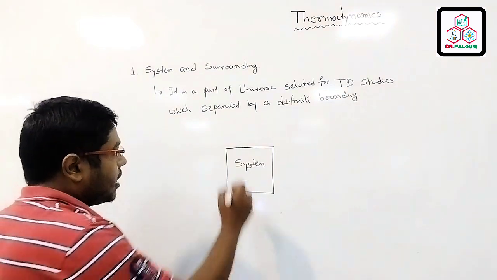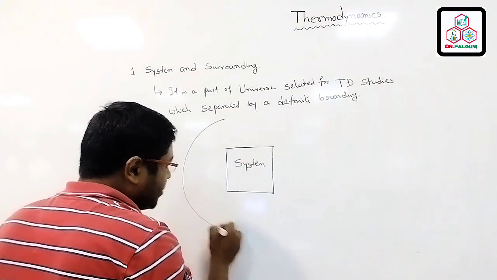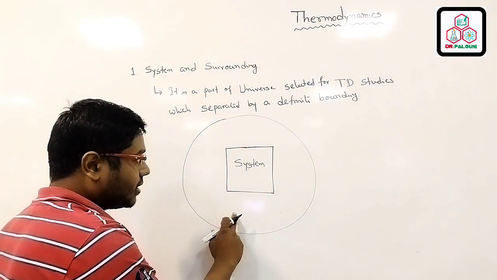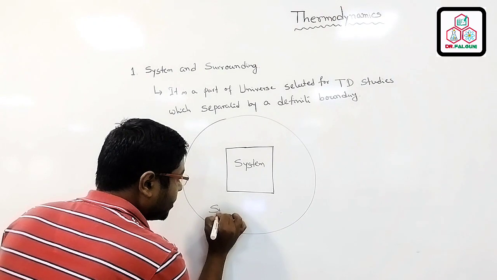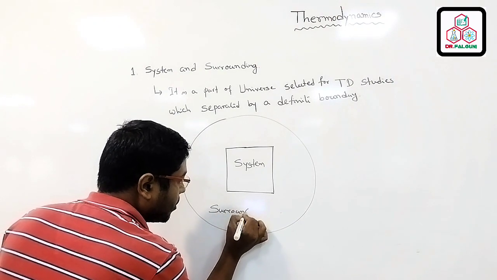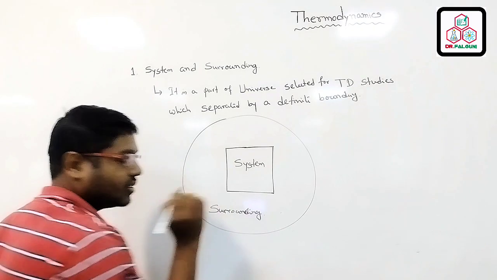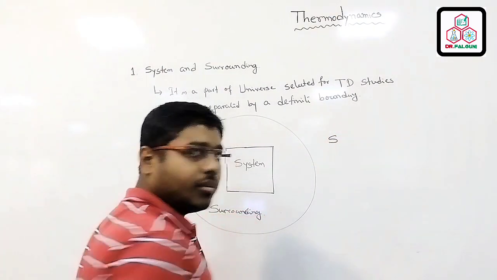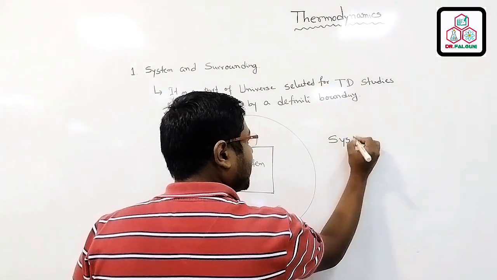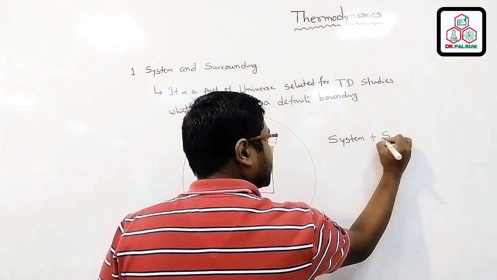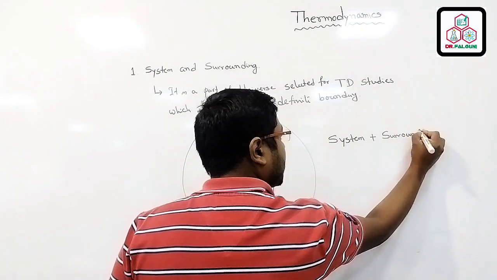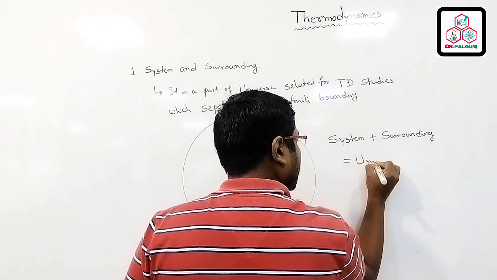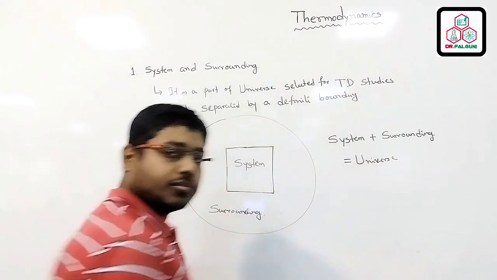And the rest part is called surroundings. What is the universe? System plus surrounding is equal to universe.